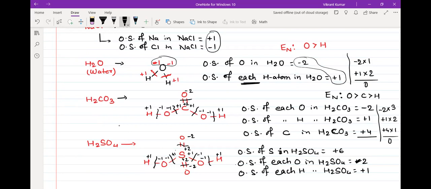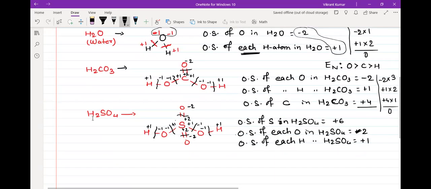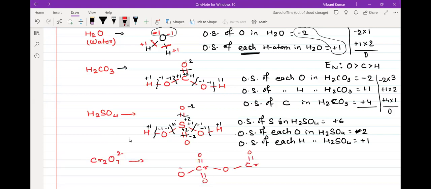Clear? Let me show one more question, then we'll get another. If I give you this structure, basically if I break all the bonds around Cr, we are getting +1, +2, +1, +2.